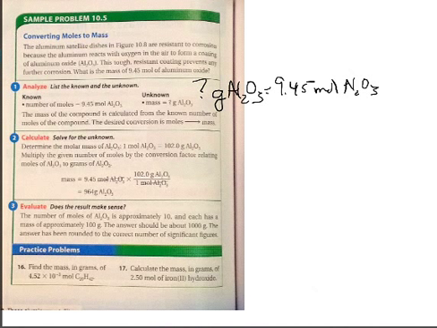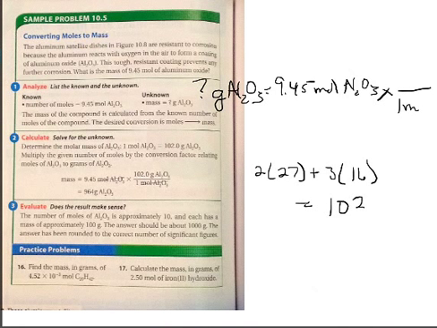So you've got 2 times 27 plus 3 times 16, and that totals to be about 102. So 1 mole on the bottom, 102 on the top. And that's how you're going to convert. So you're going to end up with 964 grams total.